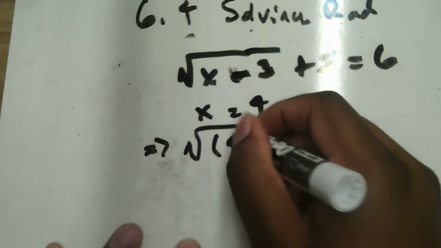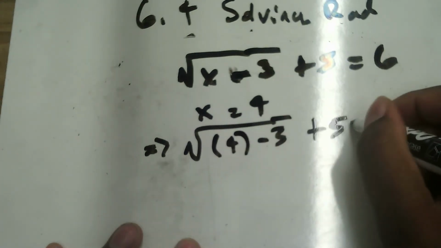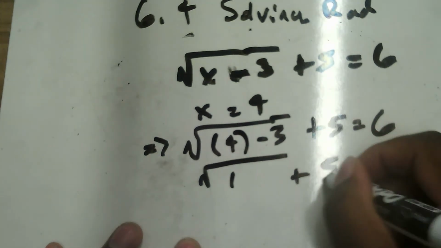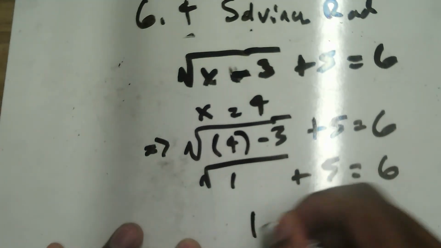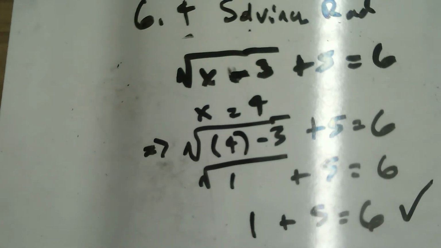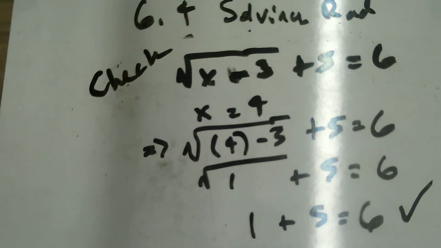We have the square root of 4 minus 3 plus 5 equals 6. This is the square root of 1 plus 5 equals 6. Therefore, 1 plus 5 equals 6. It checks out. So that was just the check.